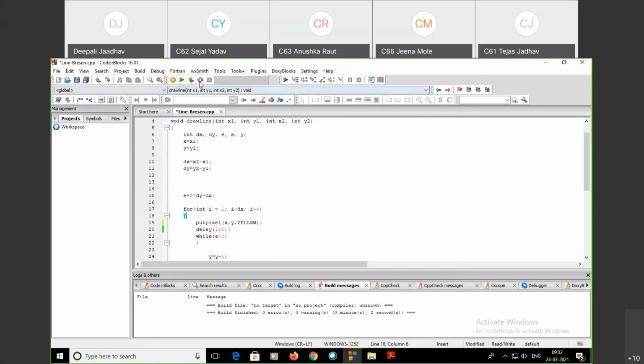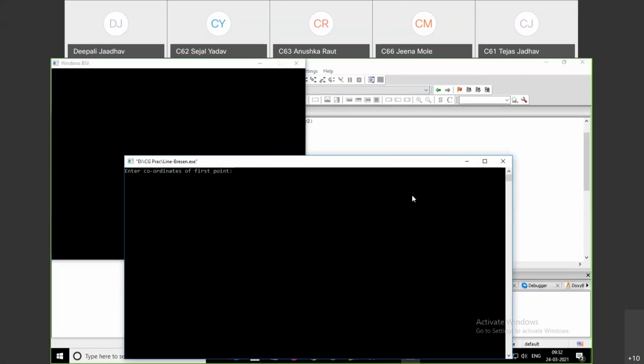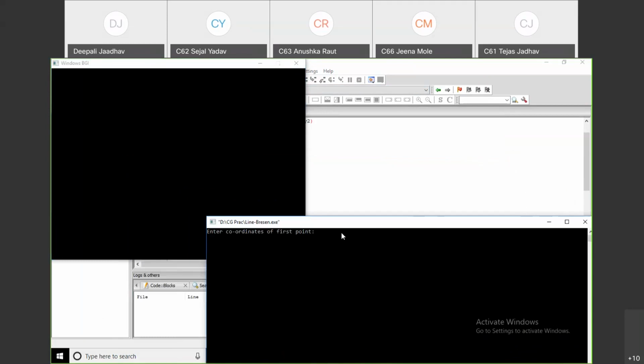Next, execute it again. Build and run as changes are made there. Use again 100, 100, 300, 300. You can observe the yellow line one by one pixel at a time. You can see here the delay 100. Clear to everyone?